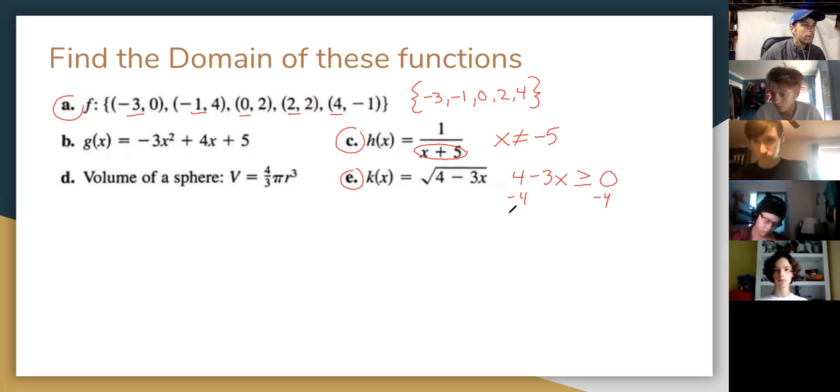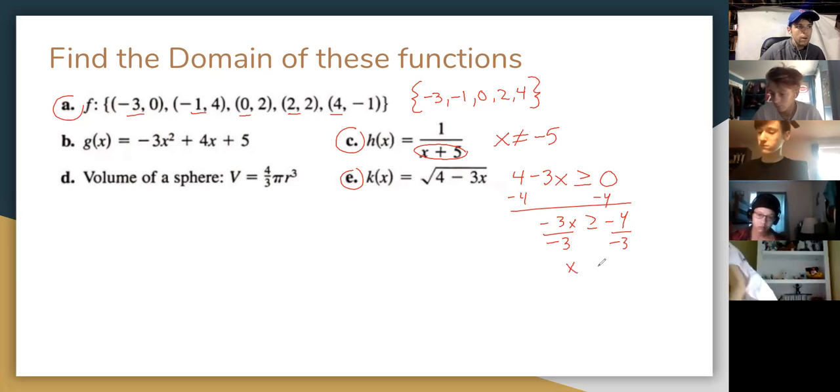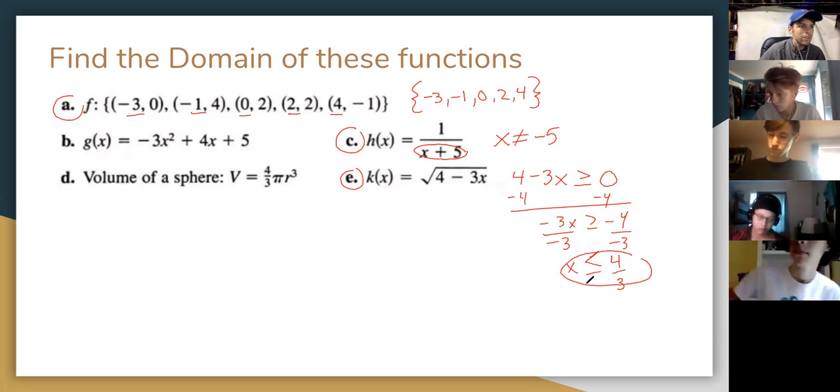So I subtract 4. And then I'm going to have to divide by -3. And anytime we have to do that, we have to flip the inequality sign. So it's actually going to be x is less than or equal to 4/3. So this is our domain written using an inequality symbol, less than or equal to 4/3.